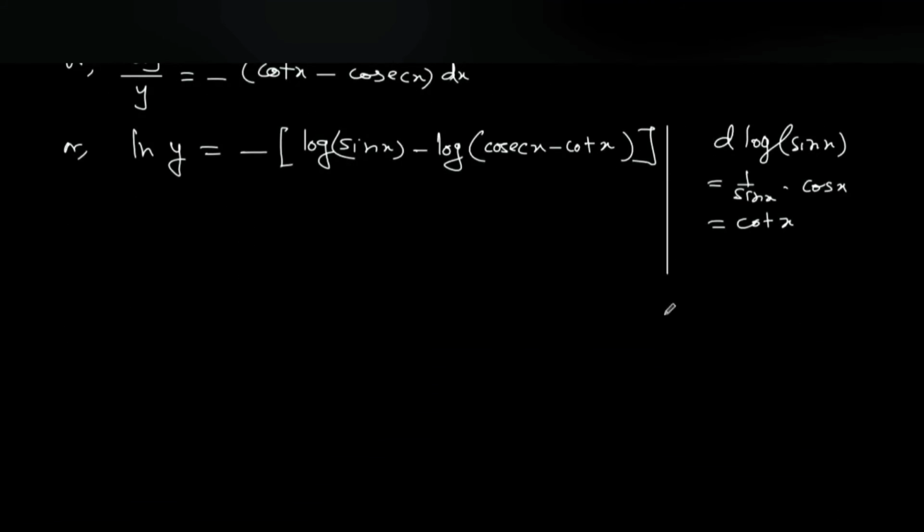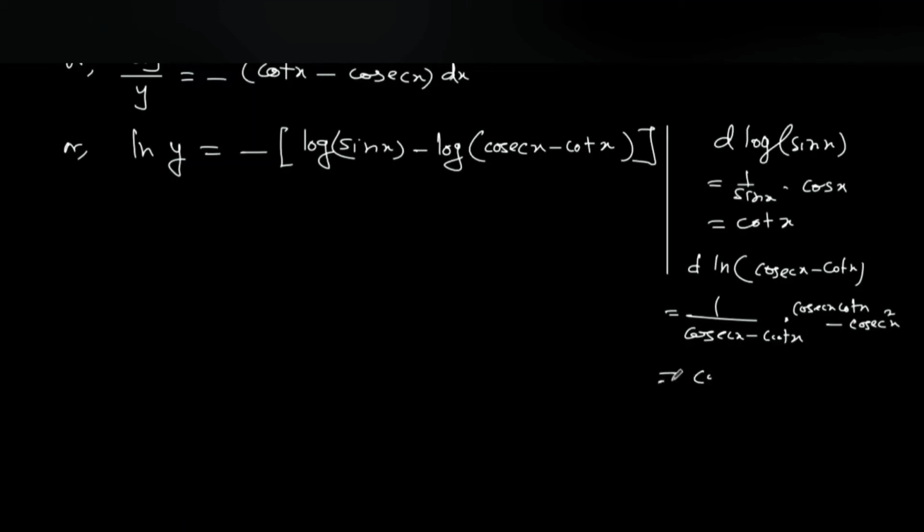And on the other hand, derivative of log of cosec x minus cot x will get 1 by cosec x minus cot x, and the derivative of cosec x is negative cosec x cot x, and derivative of cot x is negative cosec square x. See, if we take from the numerator cosec x common, we will get cosec x only.